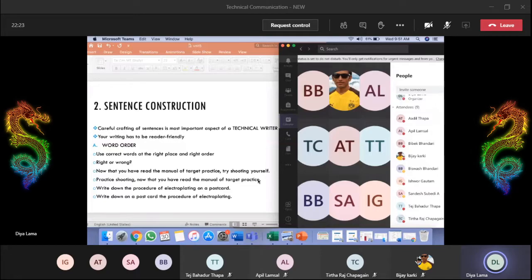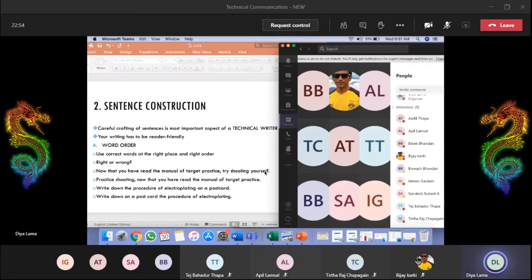Obviously second is right है. मैले अघि भनिसके, माथि के लेखेको छ, के भनेको छ त? Now that you have read the manual of target practice, try shooting yourself भनेछ. So what the writer is trying to say is तिमीहरुले अब target practice को manual पढ्यौ हैन, so अब के गर भनेछि, आफै shooting गर भनेको. तर त्यसलाई उसले try shooting yourself लेखेछ.